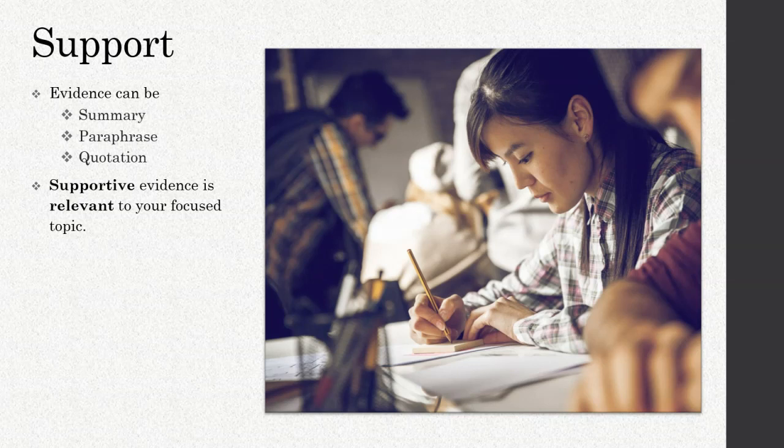If we also remember from our course textbook reading, our topic and our idea and our stance will change as we explore through the reading, research, and writing process. So it's always good to double check your evidence each time you revise and make sure that the evidence is still relevant to the topic that you want to talk about.